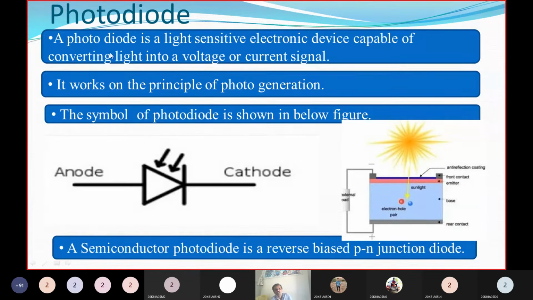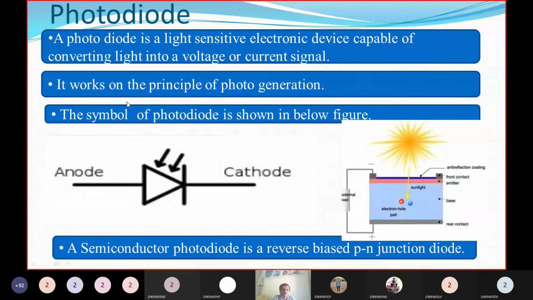That means whenever light falls on it, it is very sensitive and will detect that light. It absorbs that light and converts it into either voltage or current. In a photodiode, light energy is converted into electrical energy.